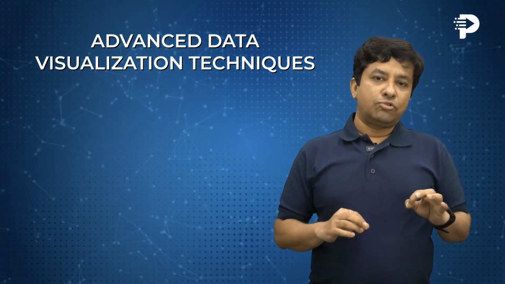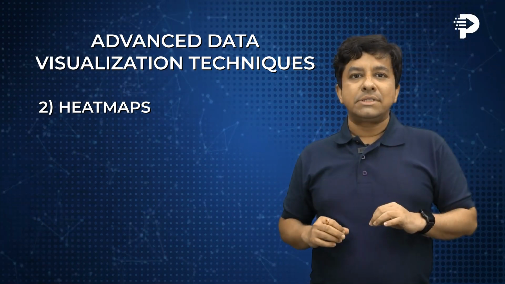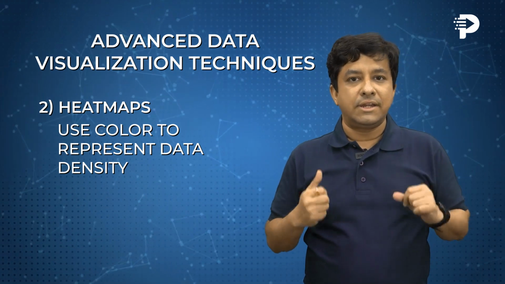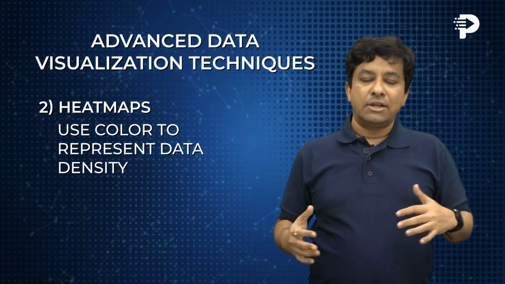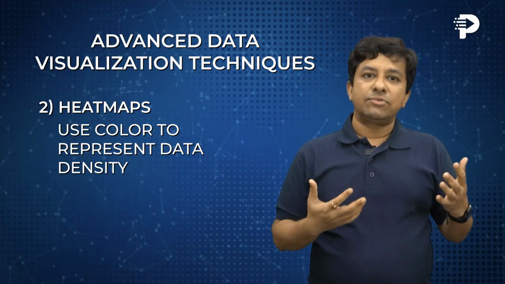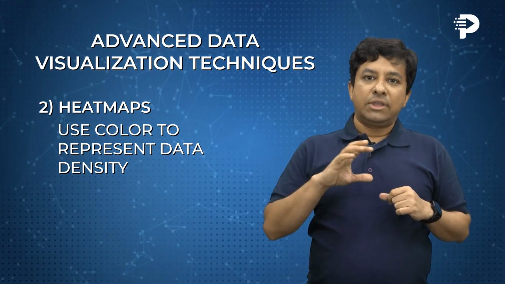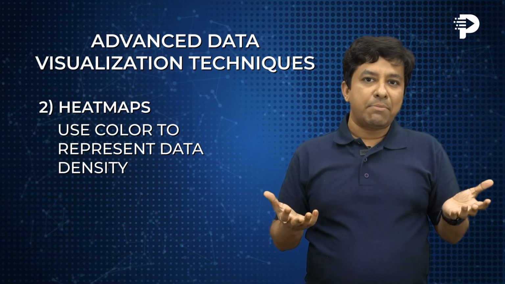Another useful tool is what is called a heat map. So a heat map, as the name goes, uses color to represent data density, right? So if you have a large data set and you are interested in finding patterns which are based on density, you would use a heat map. So think of the restaurants in a city and you have a map of the city.